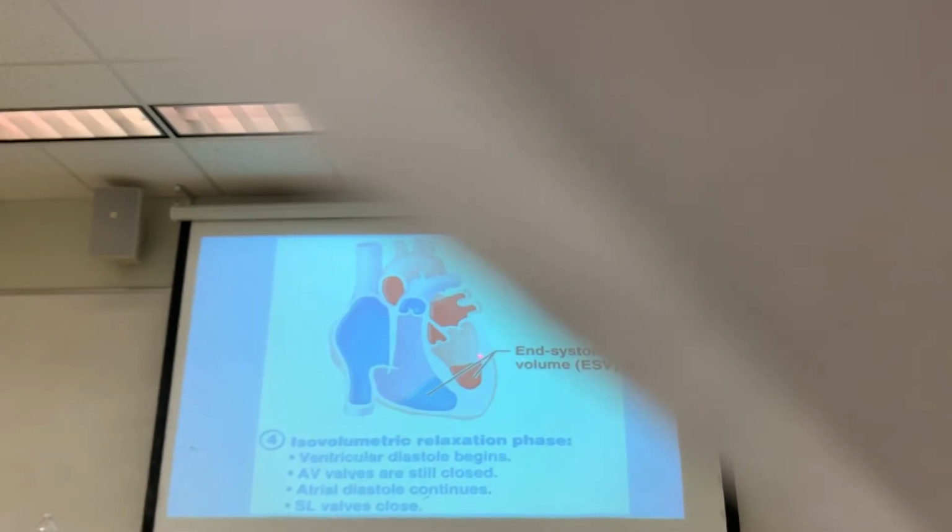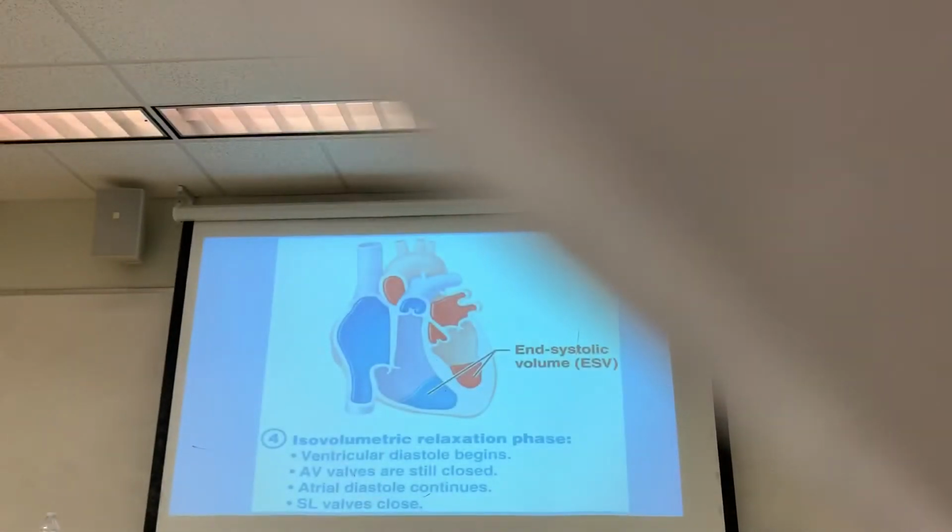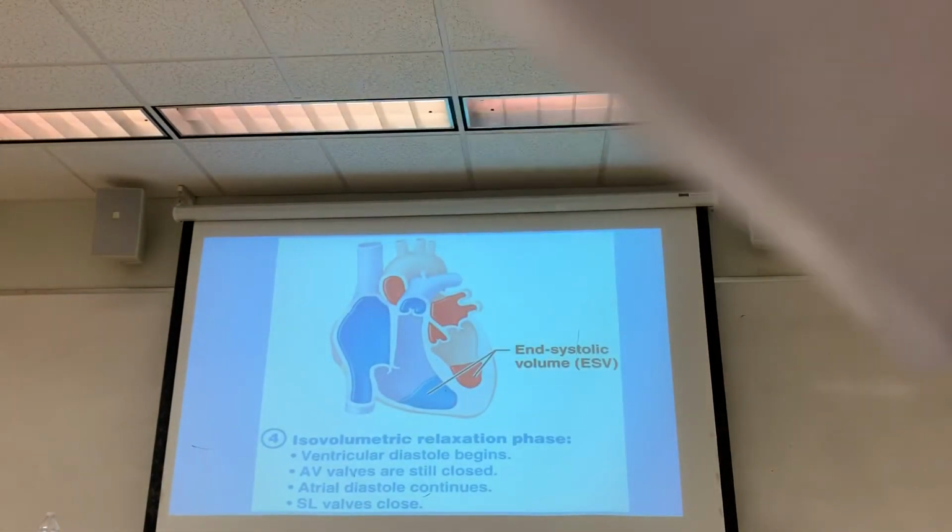So that's your end systolic volume. You have your EDV and you have the ESV. Okay? So this is the end systolic volume, what remains in the ventricles. So ventricular diastole begins, AV valves are still closed, atrial diastole continues, and SL valves are closed. Semilunar valves are closed. That's your end systolic.